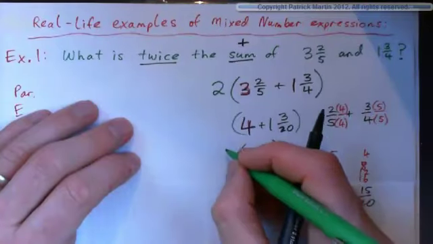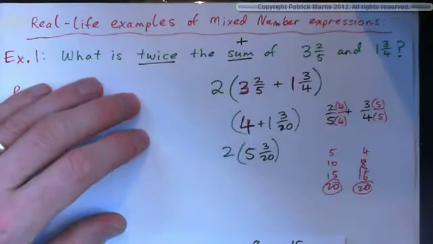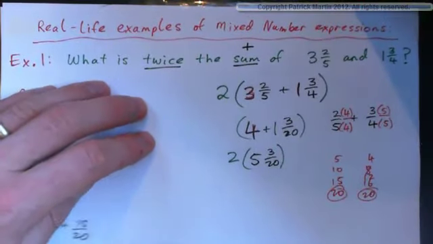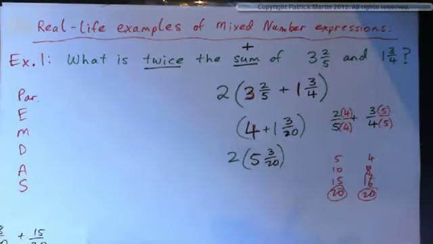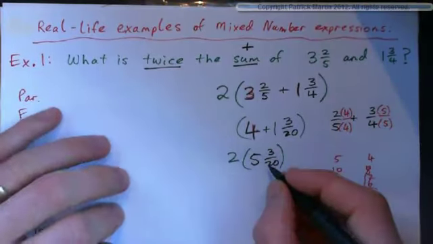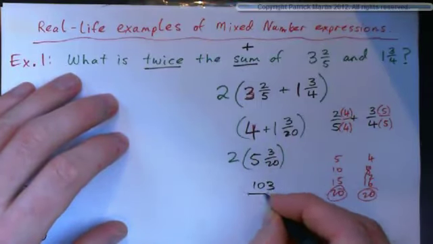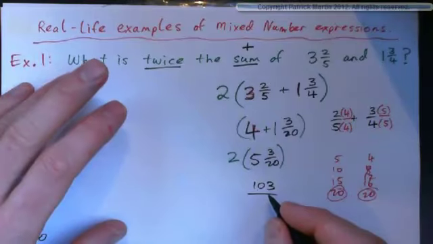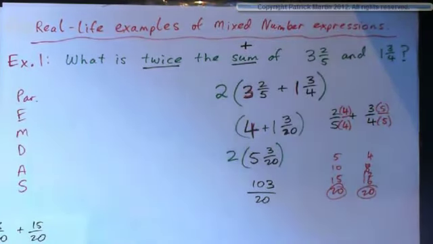And of course I've got to times that by 2. So one way to times it by 2 is to turn this into an improper fraction. 20 times 5 is 100, so that's 103 over 20, and we're timesing it by 2.